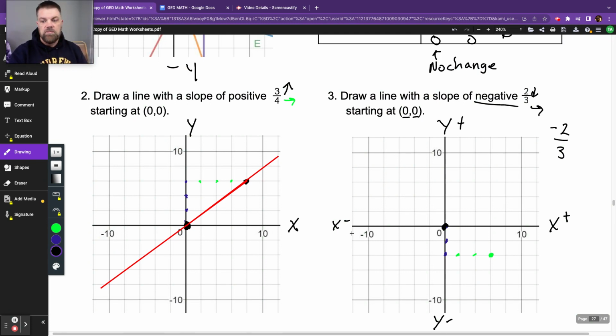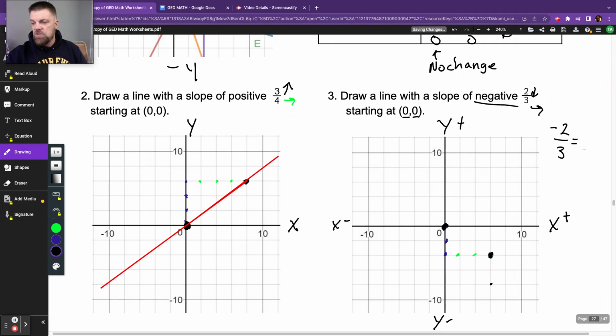All right. So, anyways, from here, what's the slope? This is a point on the graph. How do I get to the next point using the slope? Well, I do the same thing. What's my rise? Go down 2 spaces.